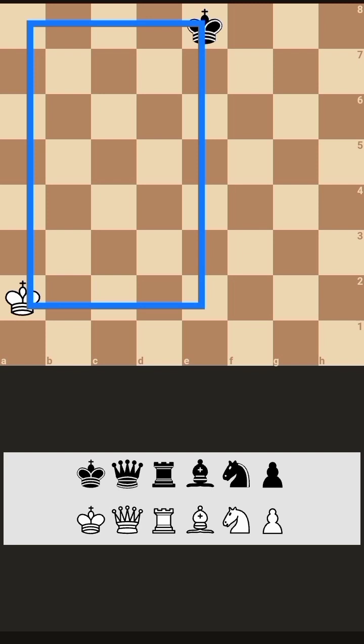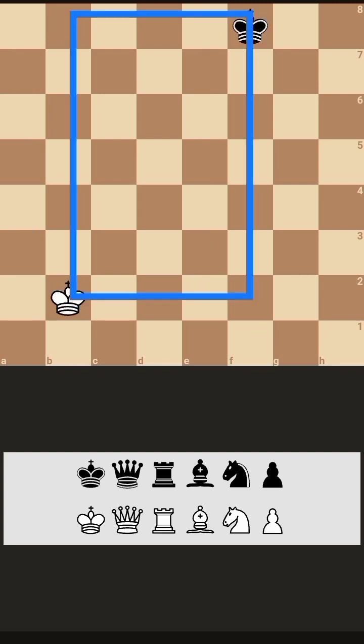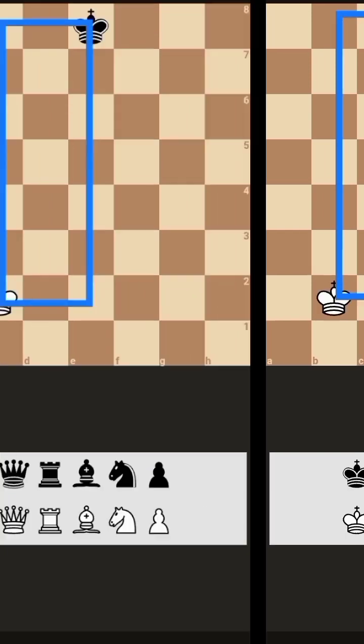Now if the king moves to f8, then king b2 again gains the opposition. Here king on b2 and king on f8. Now king e8 and king c2.